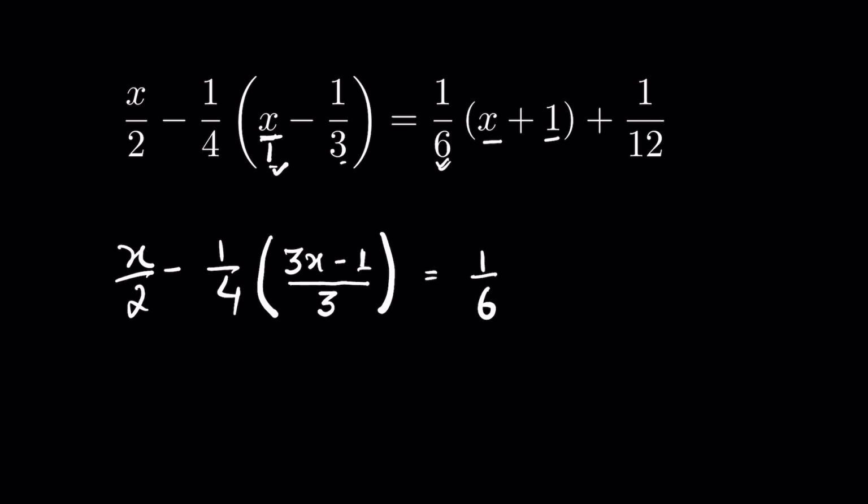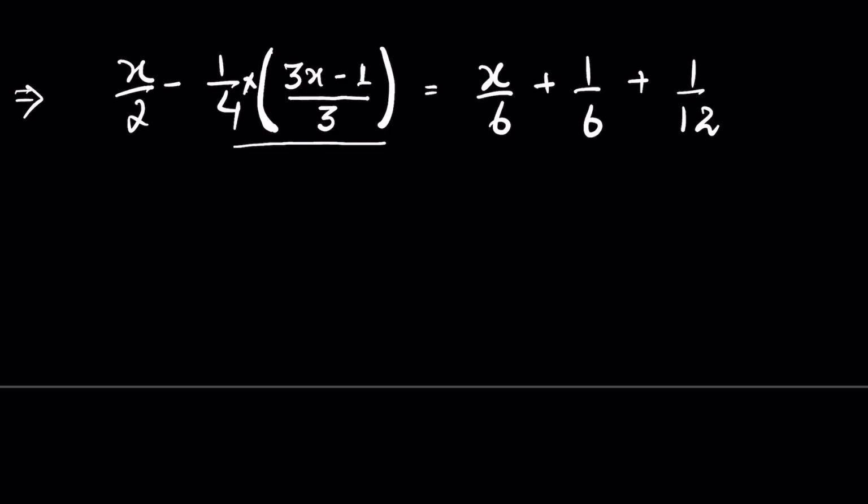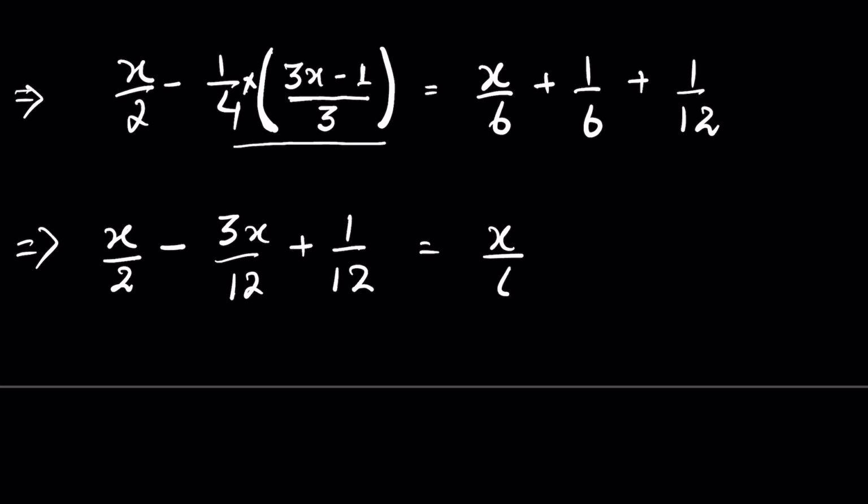So it is 1 upon 6 times x is equal to x upon 6 plus 1 upon 6, because we have to solve the multiplication part first, plus 1 upon 12, or x upon 2 minus 1 upon 4 times this, we can write 3x upon 3, so this will be minus 3x upon 12, and this minus minus plus 1 upon 12 is equal to x upon 6 plus 1 upon 6 plus 1 upon 12.